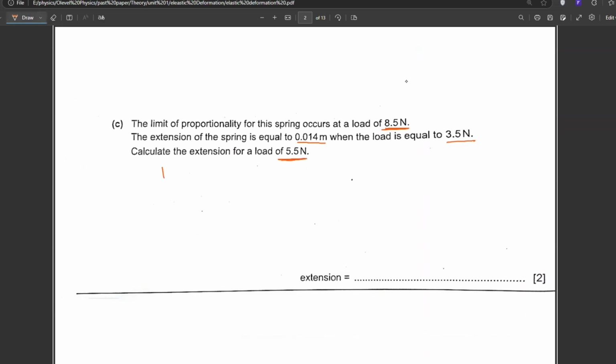So simple ratio method. Force ratio extension. When a force of 3.5 Newton was being applied, the extension was 0.014 meters. When a force of 5.5 Newton is applied, what will be your extension? X is equal to 5.5 into 0.014 divided by 3.5.